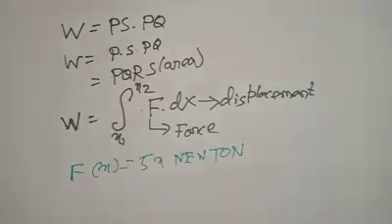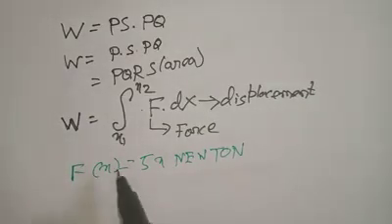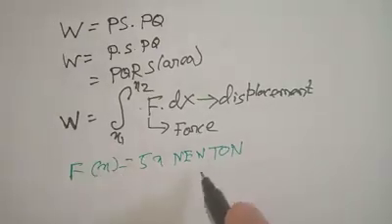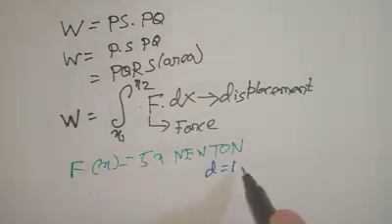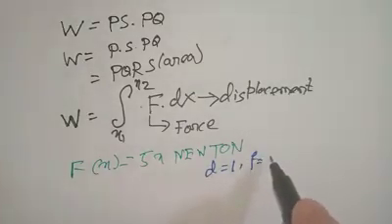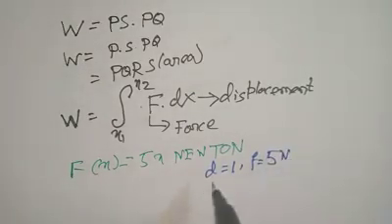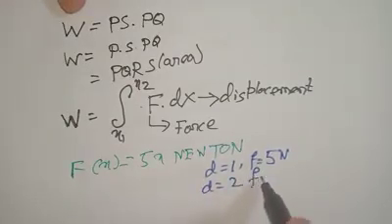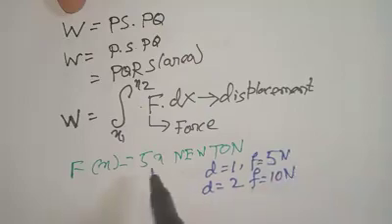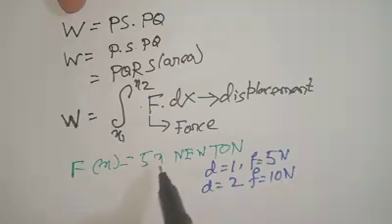Why I'm showing you this is that it means if the displacement is 1, then the force would be 5 multiplied by 1, which is 5 newtons. If the displacement is 2, the force would be 10 newtons, 5 multiplied by 2. So this part is varying.